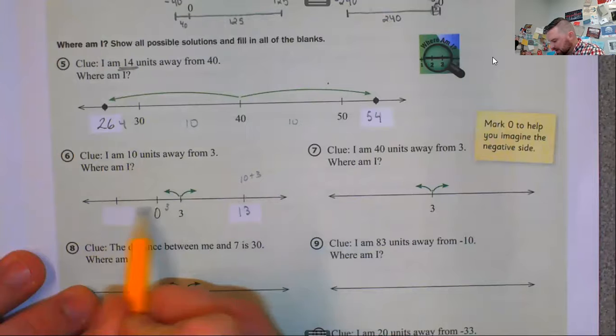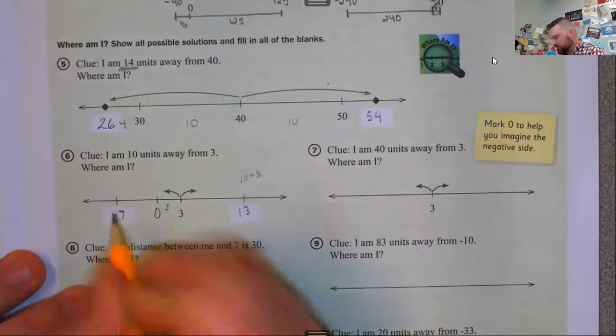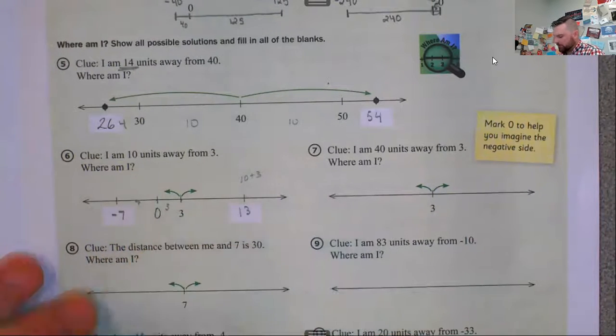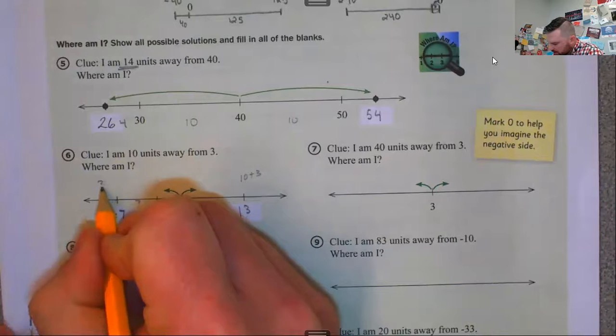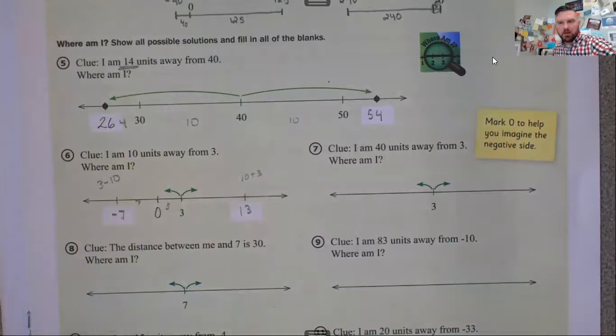So to make 10, I need 7 on this side. So I could go minus 7 more, so negative 7. So this distance is 7, and 3 makes 10, okay? Or you could just say 3 minus 10 is negative 7. So there's a lot of ways to do math, and it doesn't really matter which way you do it as long as it's sound math.